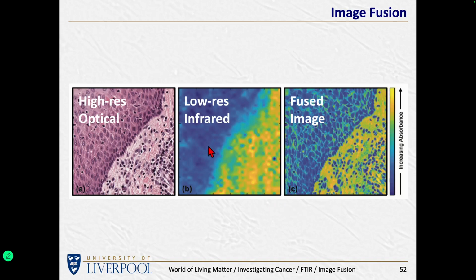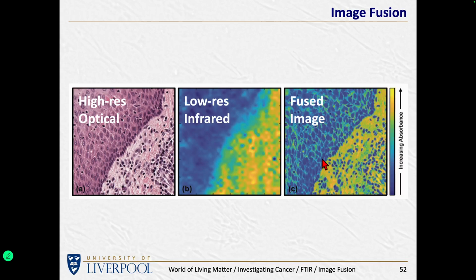Infrared has the disadvantage that it's a longer wavelength than optical wavelengths, and so generally the amount of detail you can see is rather less than the amount of detail you can see in, for instance, an optical image, as shown on the left-hand side. One of our PhD students developed a technique in which the high-resolution optical information could be combined with the lower resolution infrared, which contains chemical and biological information about how the system is behaving.